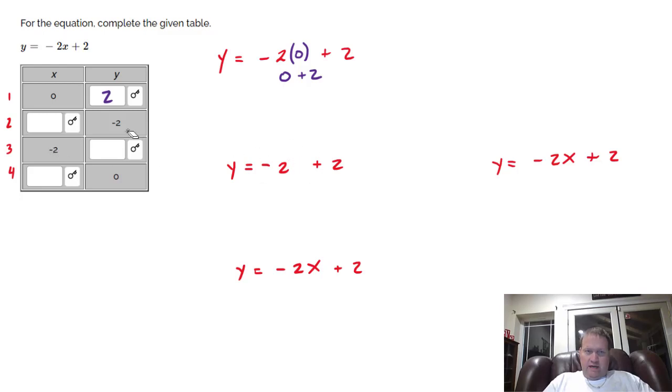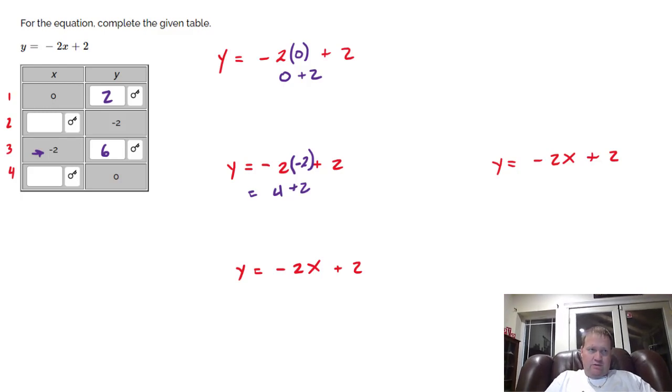I'm going to put in place of x this x value right here, which is negative 2. And that's negative 2 times negative 2, plus 2, that's a lot of 2's. Negative 2 times negative 2 is 4. 4 plus 2 is 6. And so when x is negative 2, according to that equation, y has to be 6.